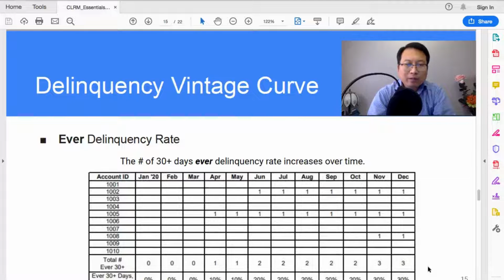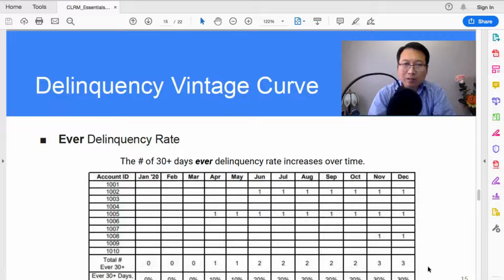The definition is that we calculate the ratio of the number of accounts that have ever been 30 plus days delinquent. The key difference from the spot delinquency rate is that if you were delinquent in previous months, even though you are current now and not delinquent anymore this month, I still need to flag you as indicator 1.